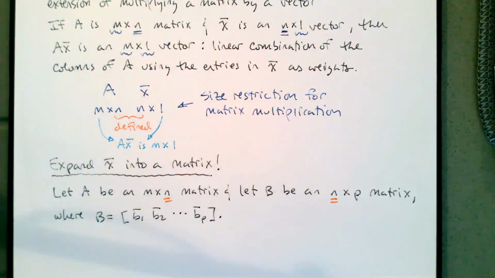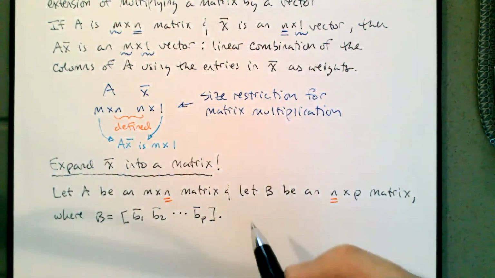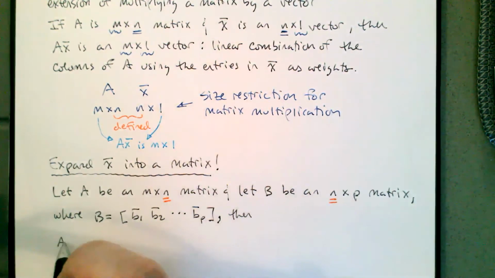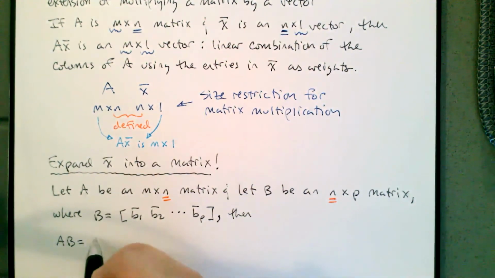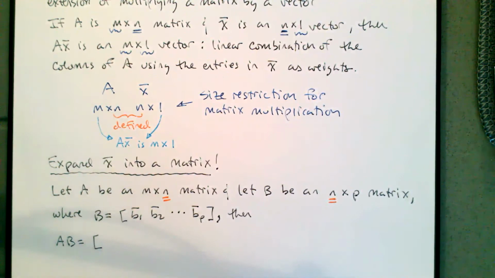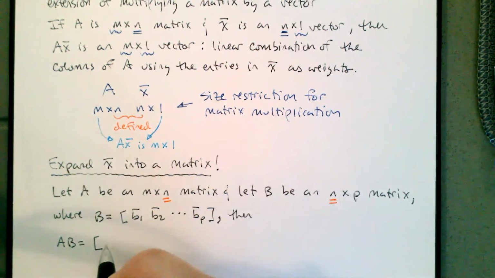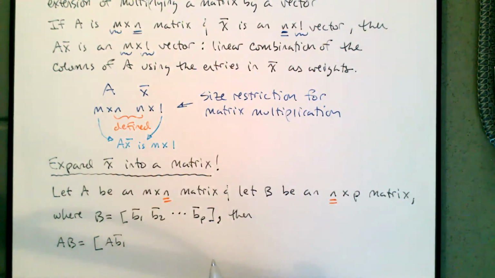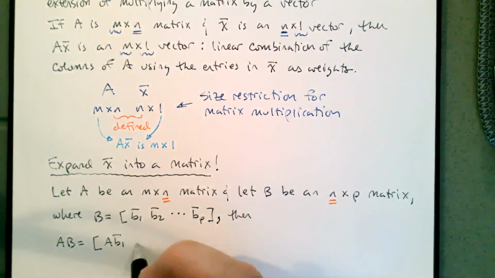Then the product A times B: the first column of AB will be the linear combination of the columns of A using the entries in B1 as weights. So that'll just be A times B1. The second column of AB will be a linear combination of the columns of A using the entries in B2 as weights.